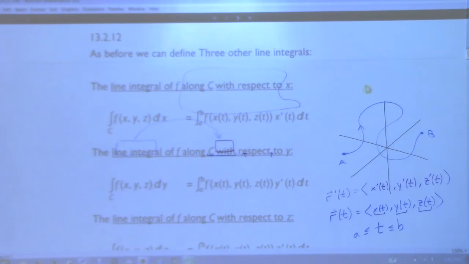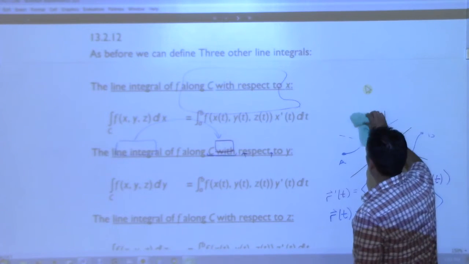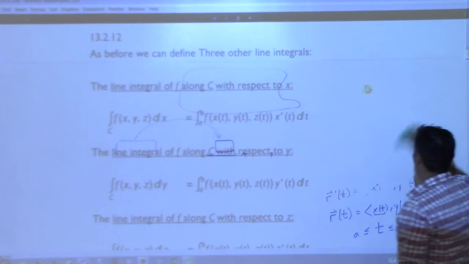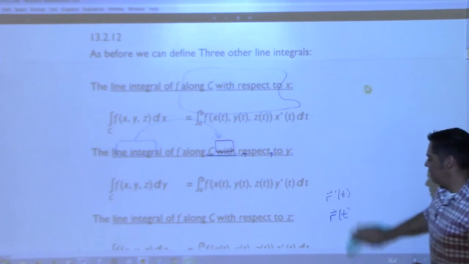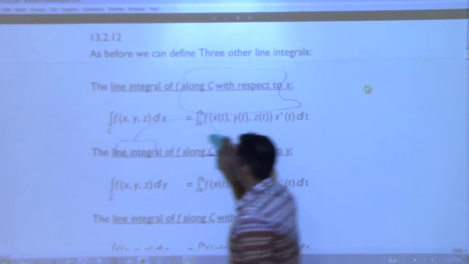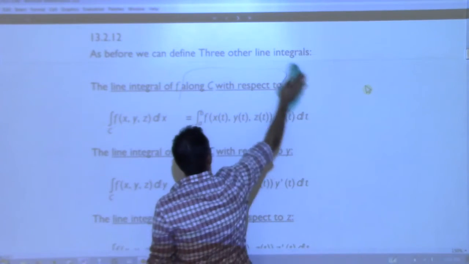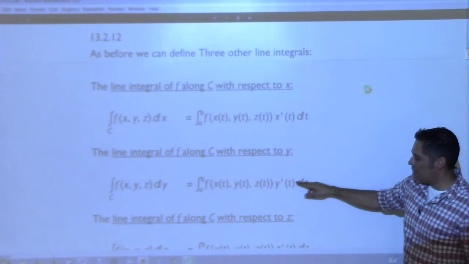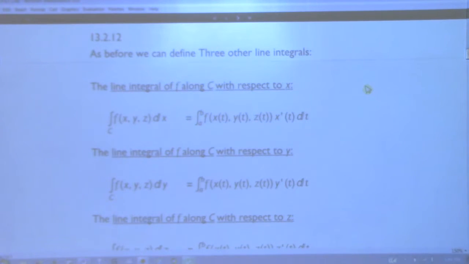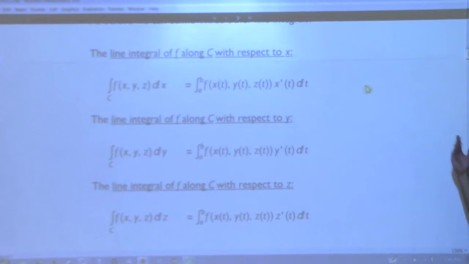Just as you would suspect with what we just did at the start of class, you can have a line integral over C with respect to arc length. But now we have three other possibilities. We can do it with respect to x, or with respect to y, or with respect to z, or with respect to arc length.